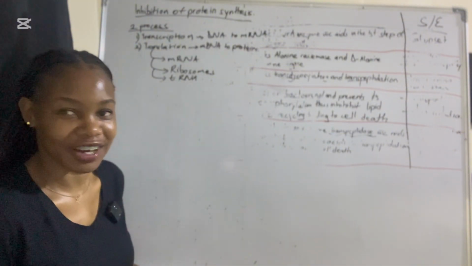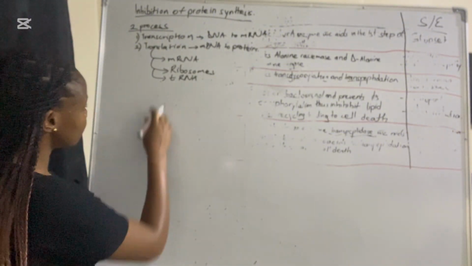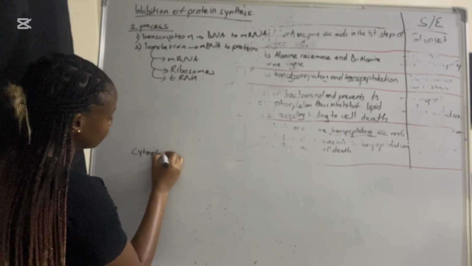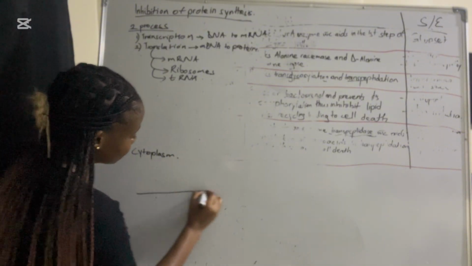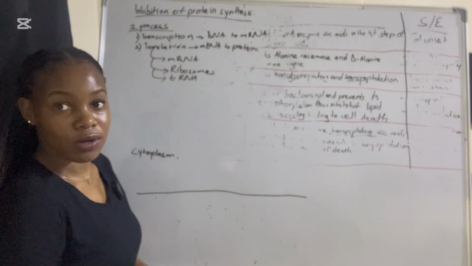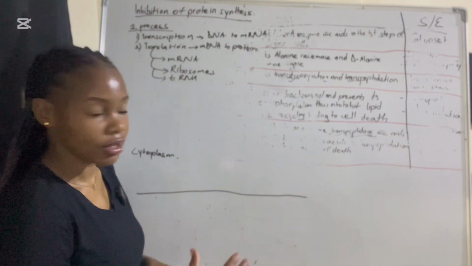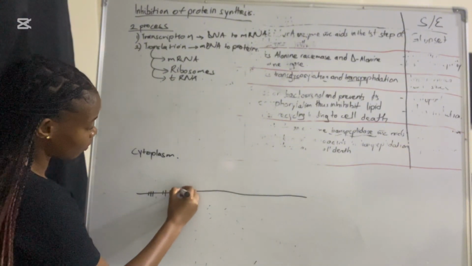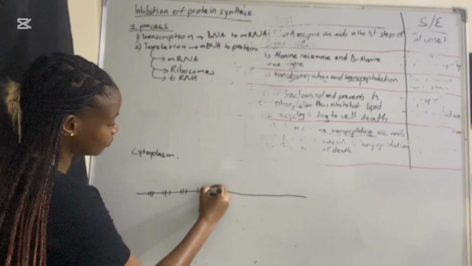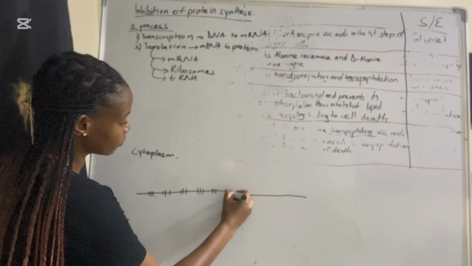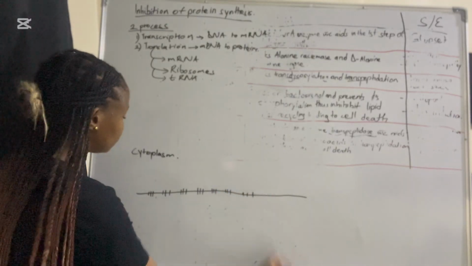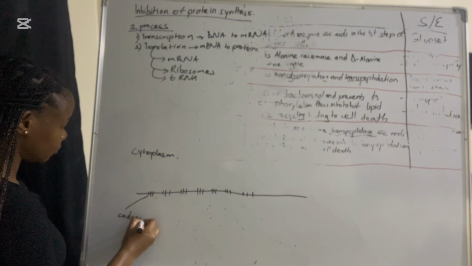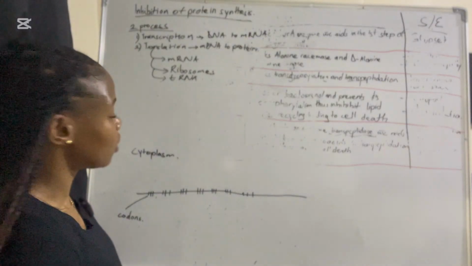So now let's discuss the process of translation. How does translation occur? This messenger RNA travels to the cytoplasm. We have to first know what some of the contents found on the messenger RNA are. We have codons. These are known as codons.